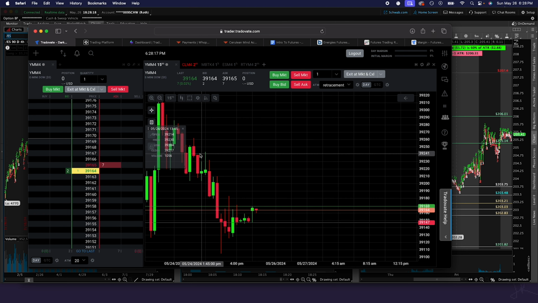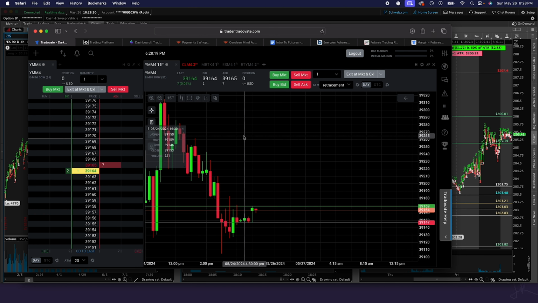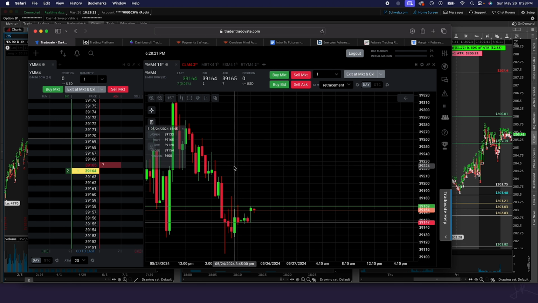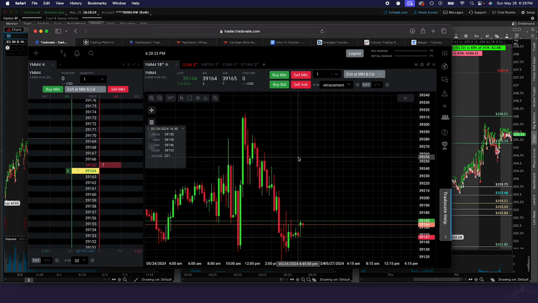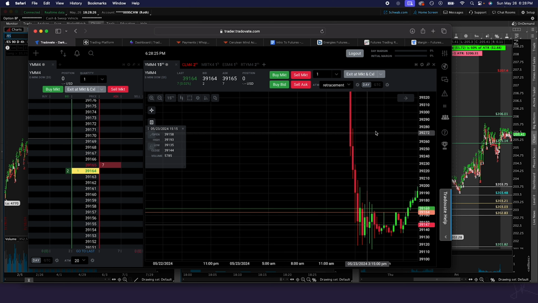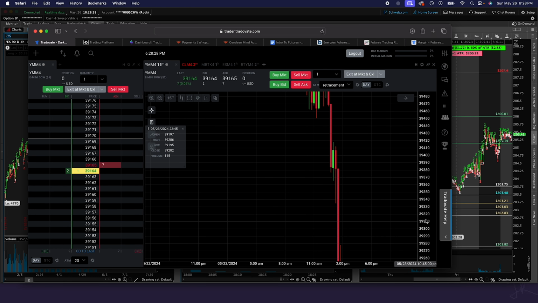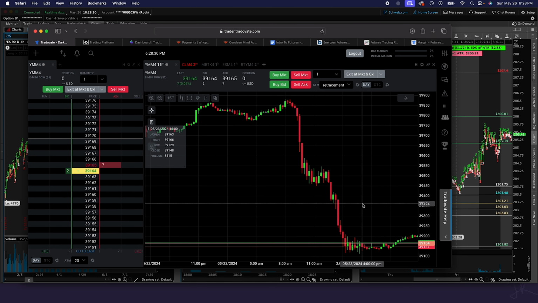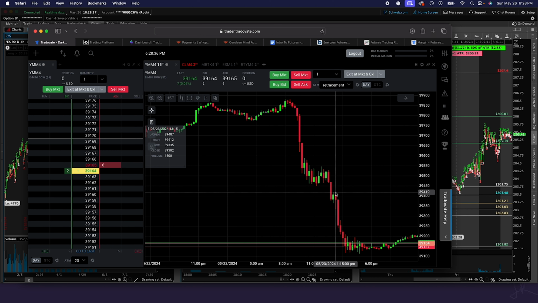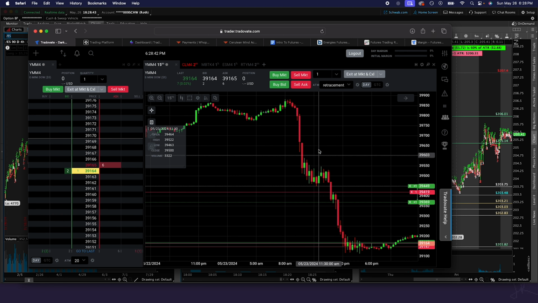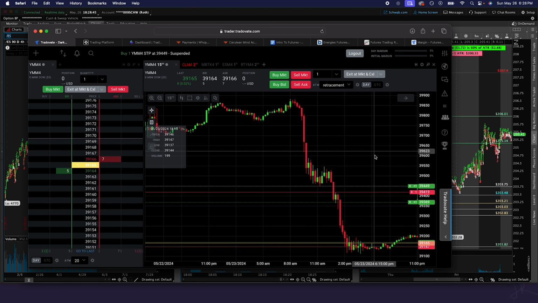Actually, speaking of which, I have to re-enter a trade on the 15-minute. So let's say here, I'm going to place this trade. So I have this trade set up.